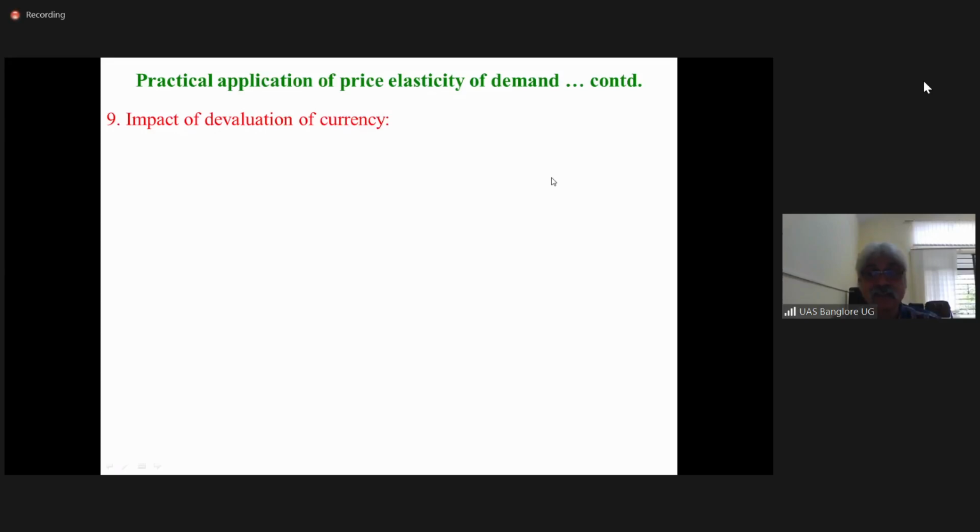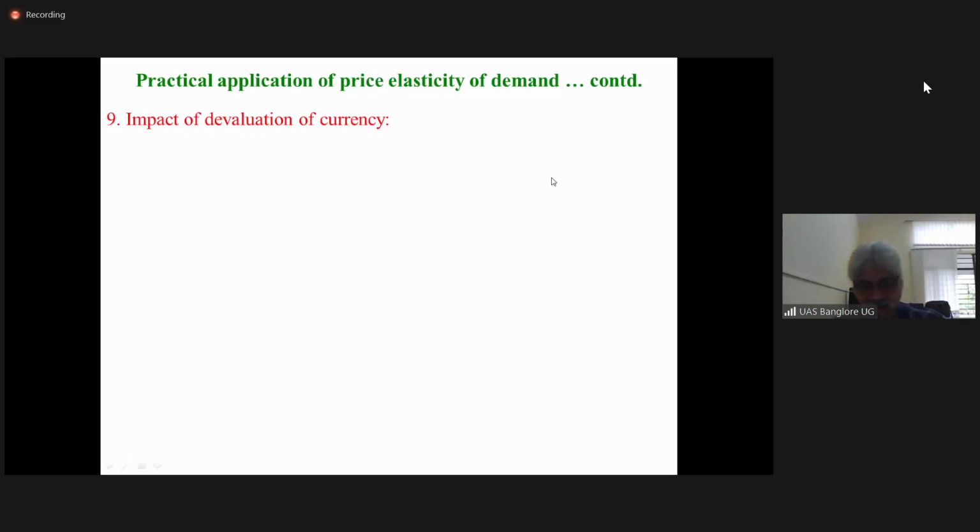We don't have sufficient foreign exchange, foreign currency with us. It becomes very difficult. Now, if we decrease the value of the Indian rupee, then our commodities here become cheaper.